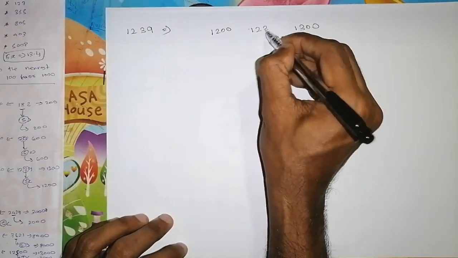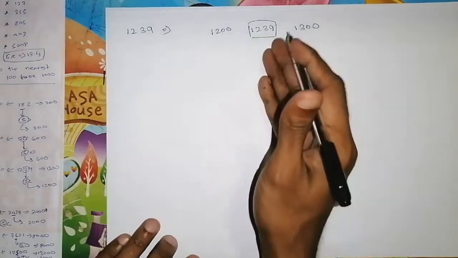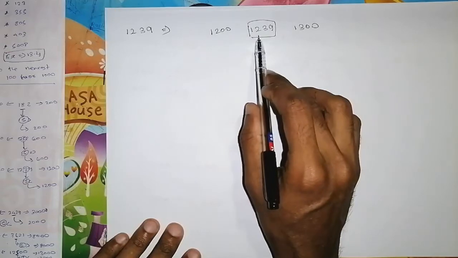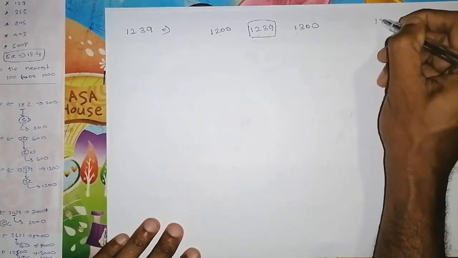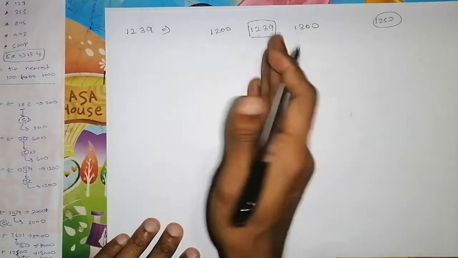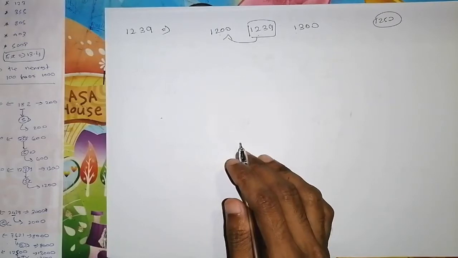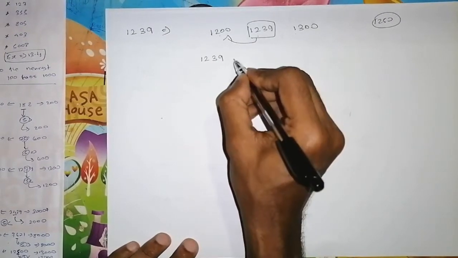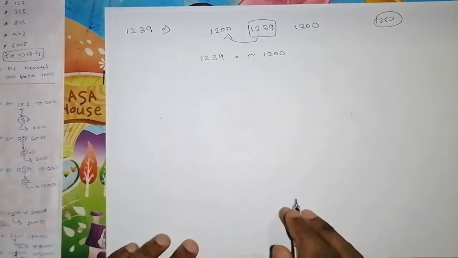So 1239 is not past the half. The half of 1200 and 1300 is 1250. It is less than the half, so it is nearest to the before number, 1200. So if you round off 1239, approximately it is 1200.